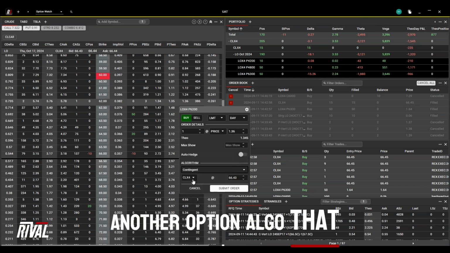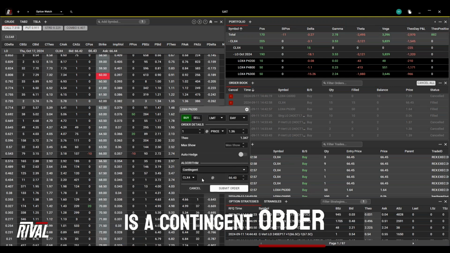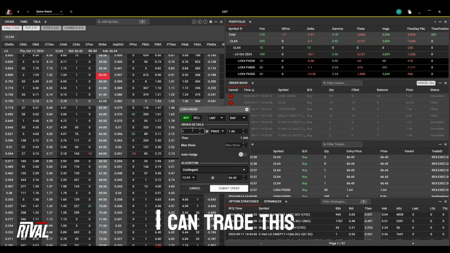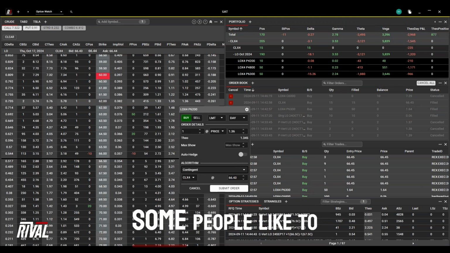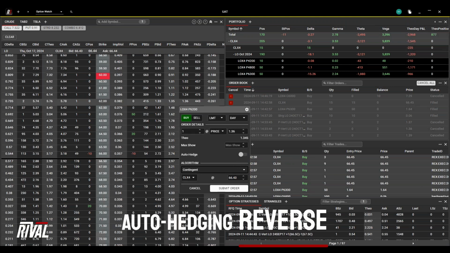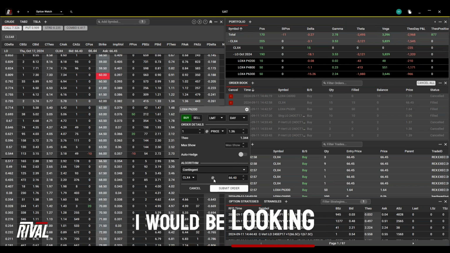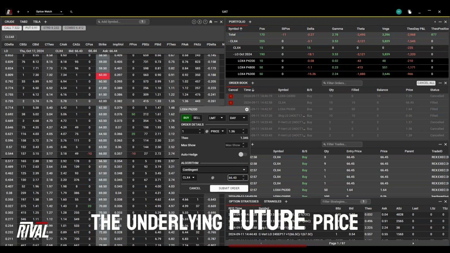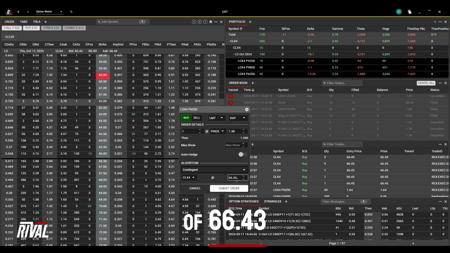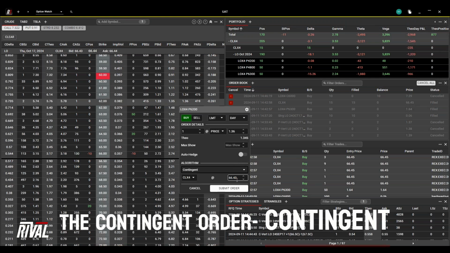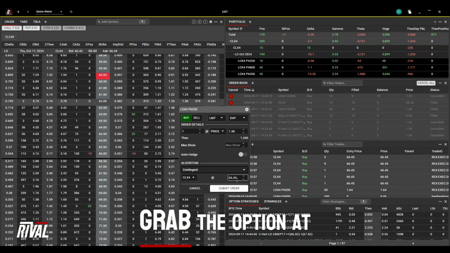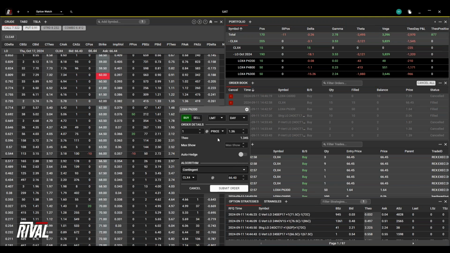Another option algo that has been very popular is a contingent order. So I can trade this option contingent on a specific future price. Some people like to think of this as auto hedge in reverse. In this case, I would be looking for a future price, the underlying future price of 66.43. When that price is met, the contingent algo will go and grab the option at my price.